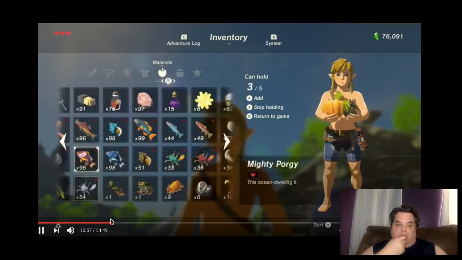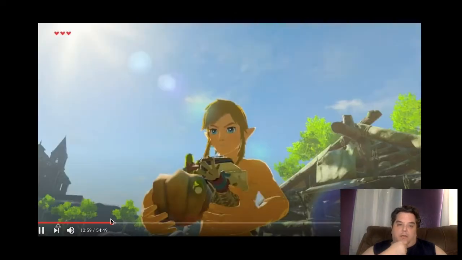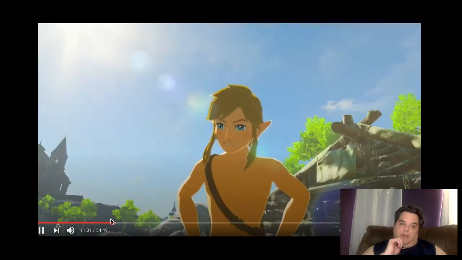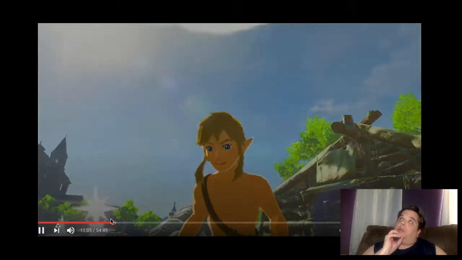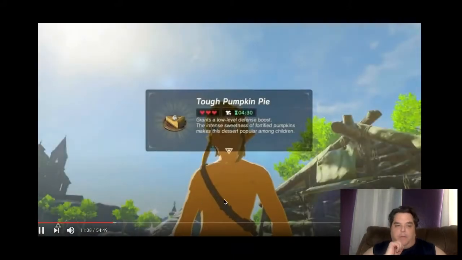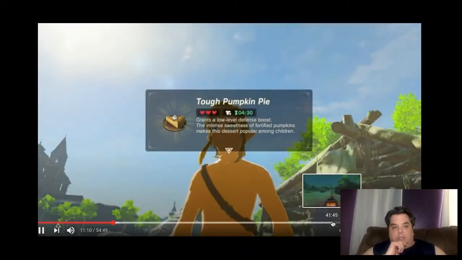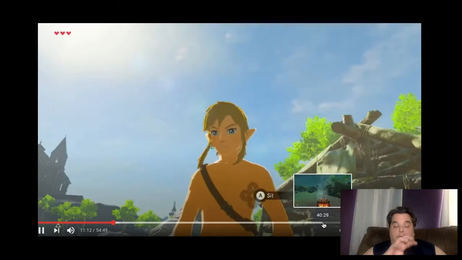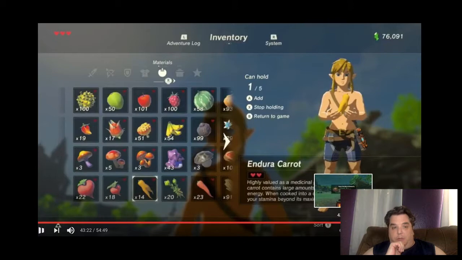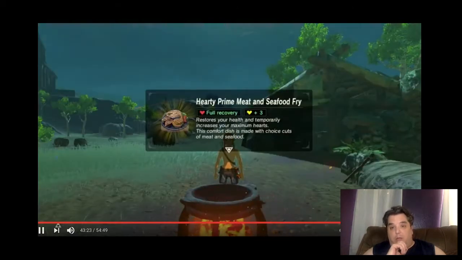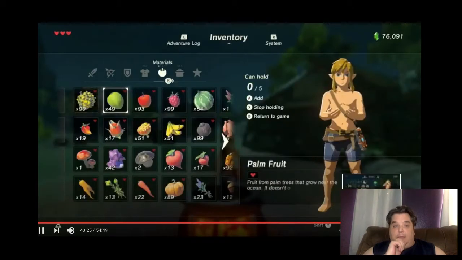In here, Link put in some pumpkin and some cream and some salt, and a vegetable, and what came out was a tough veggie cream soup. Now the vegetable that was put in there was a pumpkin, okay, and there was cream.